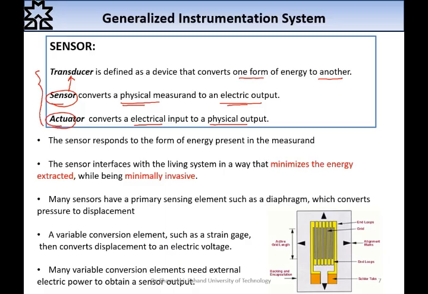Actuators are like speakers, like motors, armatures.